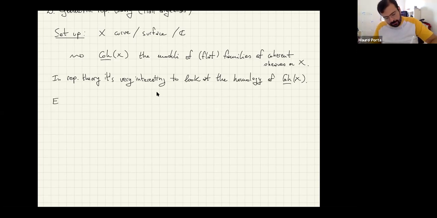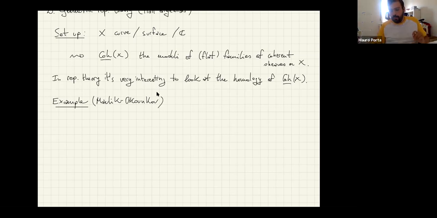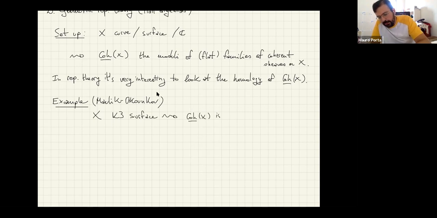One example is a result of Maulik and Okounkov. It explains why we might care about this kind of objects. It's because when X is a K3 surface, then Coh(X) is hyperkähler.